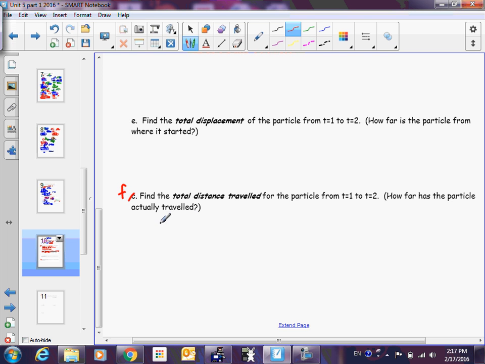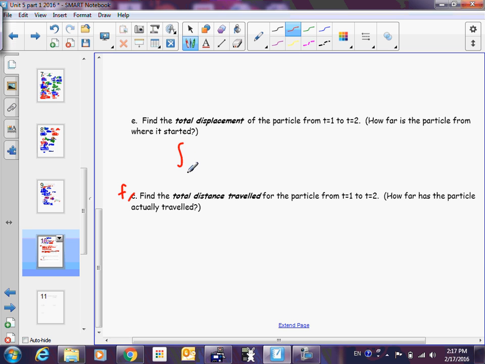And then that should say F. These two things are almost the exact same, displacement and total distance traveled. The first one is just how far is the particle from where it started. The other one is how far did the particle actually travel. So up here, if I'm talking about distance and I'm given velocity, I know I need to integrate.